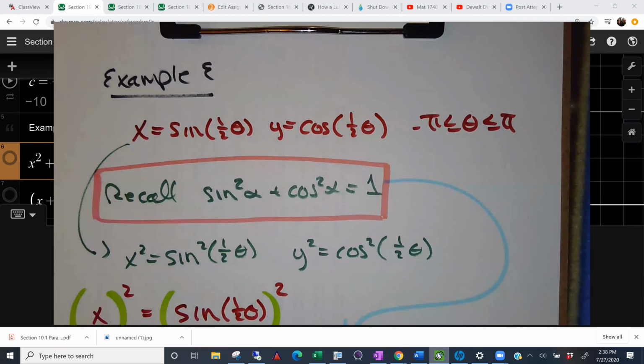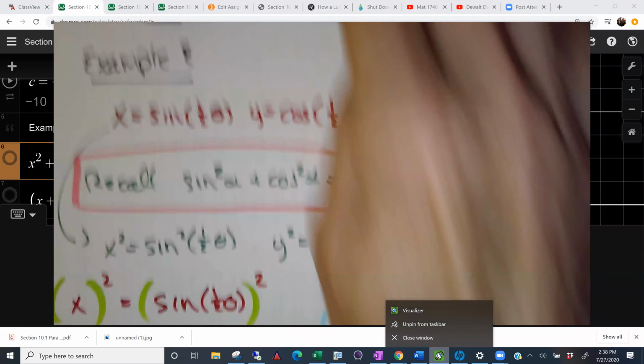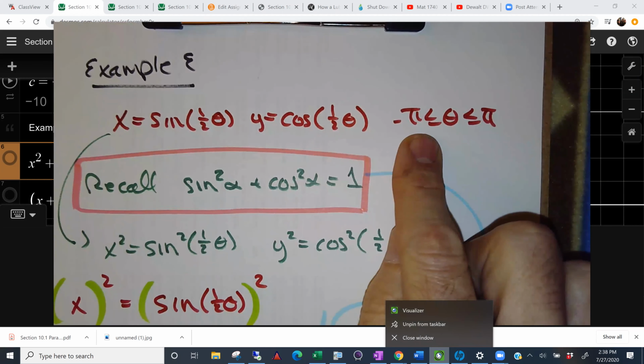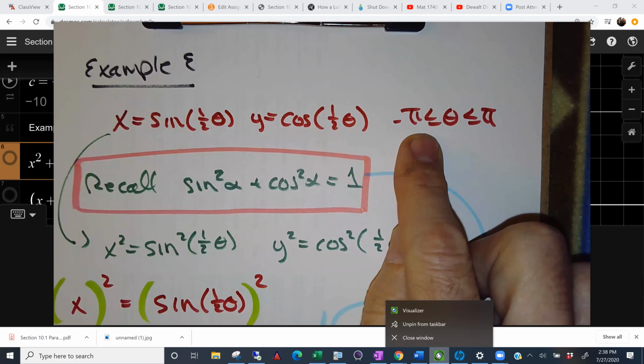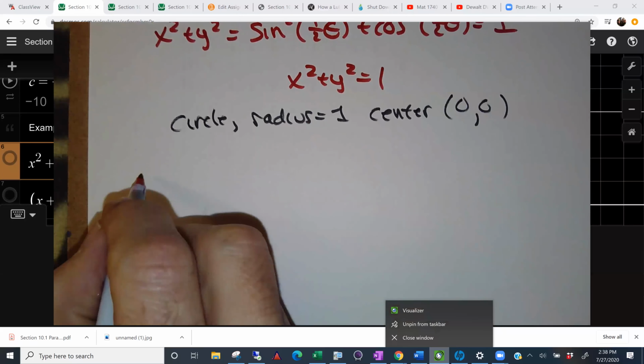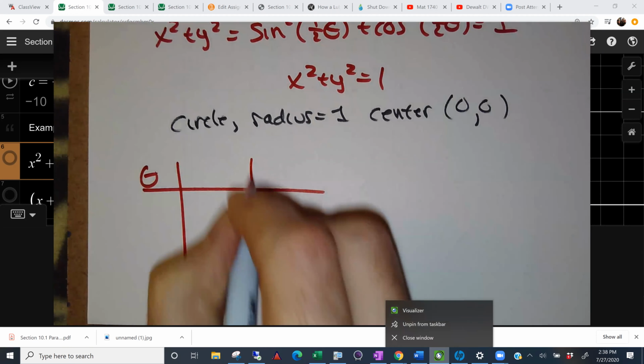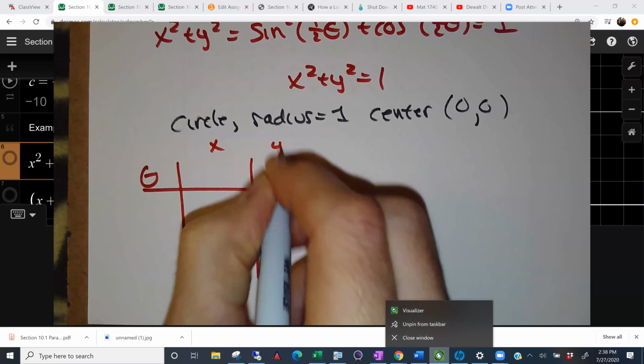The manual way would be to decide, well, what happens when I put in pi or -pi? Where does this graph start? So you can make yourself a little table down here, values of theta, our x and y coordinates.